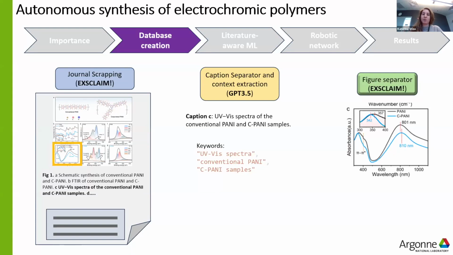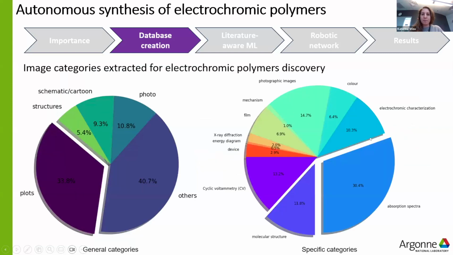So all the images are described by their keywords. And now, for instance, we can know that this is an absorption spectra image. Another image is maybe a molecular structure image. By doing that, we screened several images from electronic polymer papers, and then we only kept those related to molecular structure or absorption spectra.